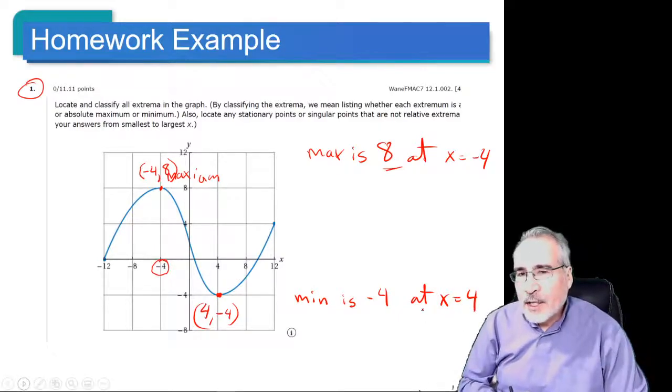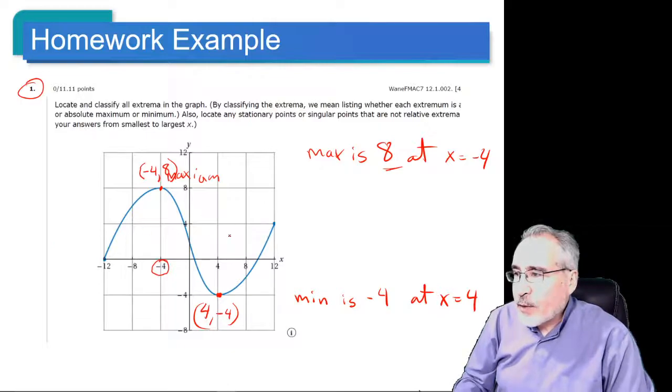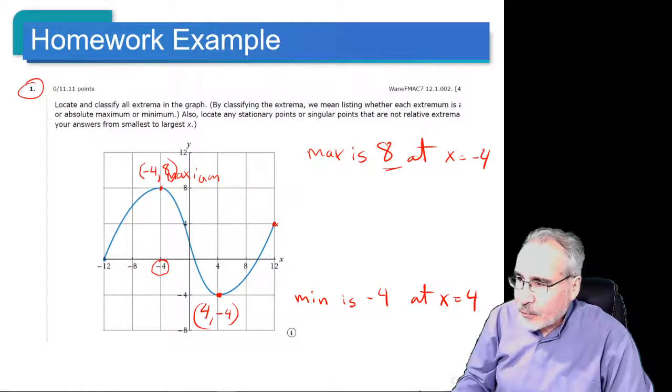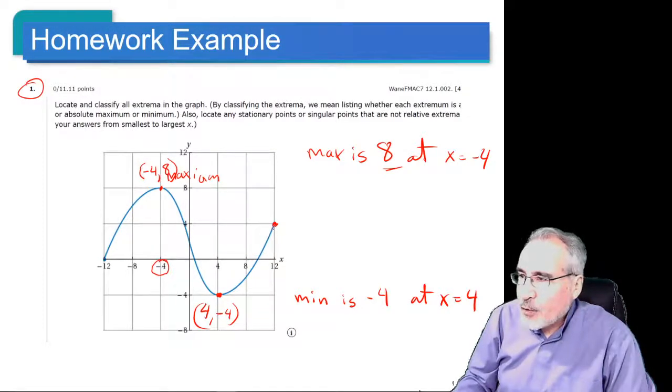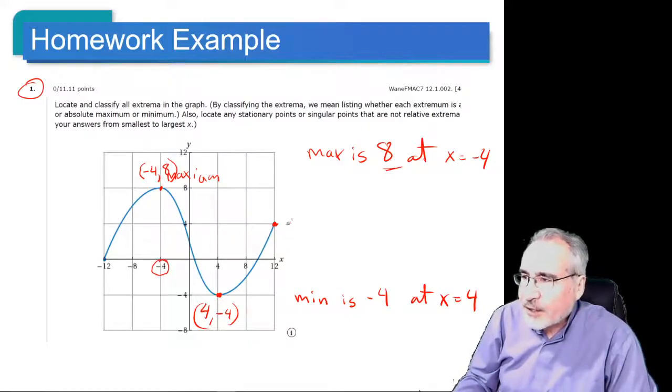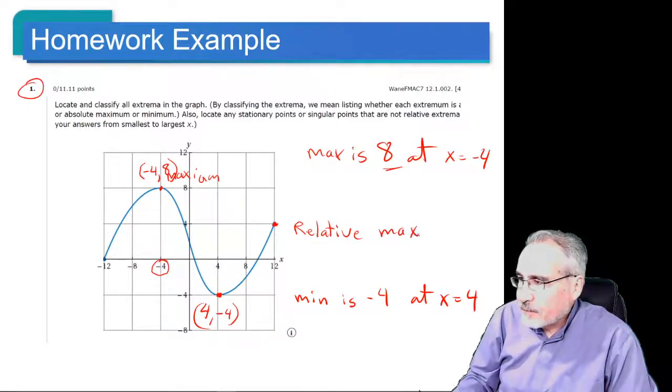So that's kind of what we're going to be working with today. Now, we don't want to forget about these endpoints, because notice this right endpoint is a maximum for its area. It's the highest point over in this general area, in this neighborhood. So this is what we definitely call a relative max. Okay, and the relative max of 4 at x equals 12.